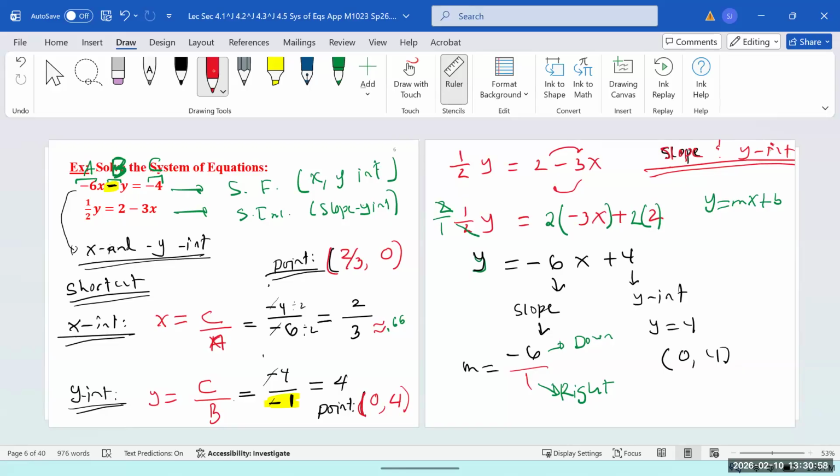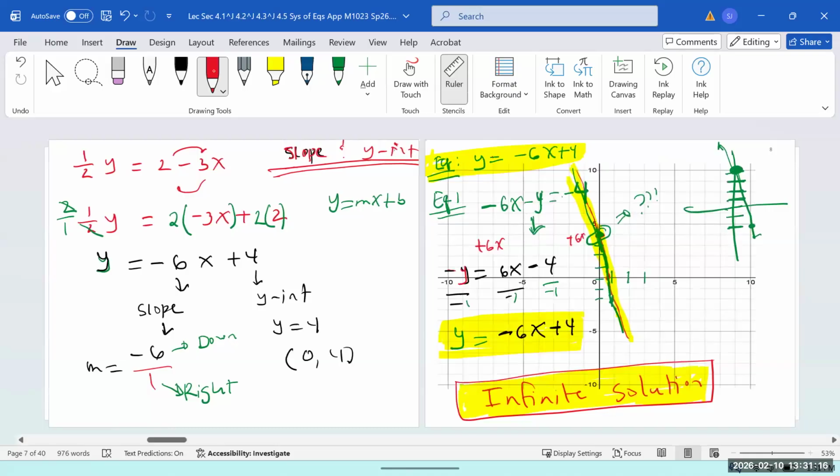That's why we need to get y alone, because in slope-intercept form, y has to be alone on the left side. So we multiplied by 2 to get y alone, and we found the slope and y-intercept. Using these two pieces of information, we can graph. So I went to the graph paper and graphed the second equation.